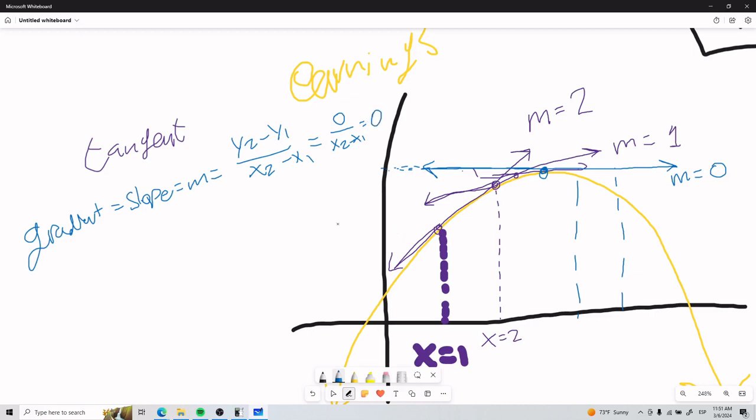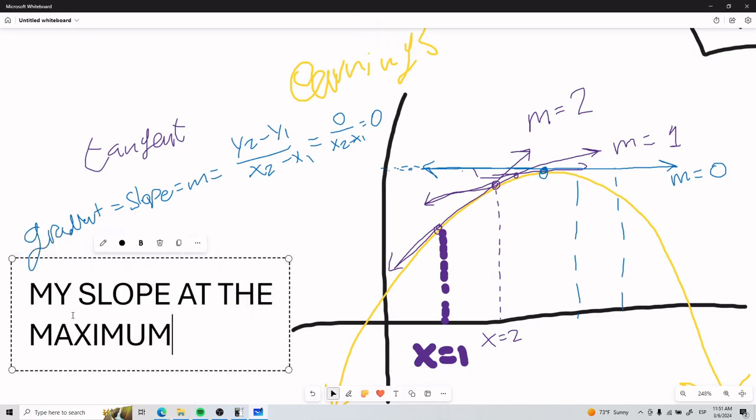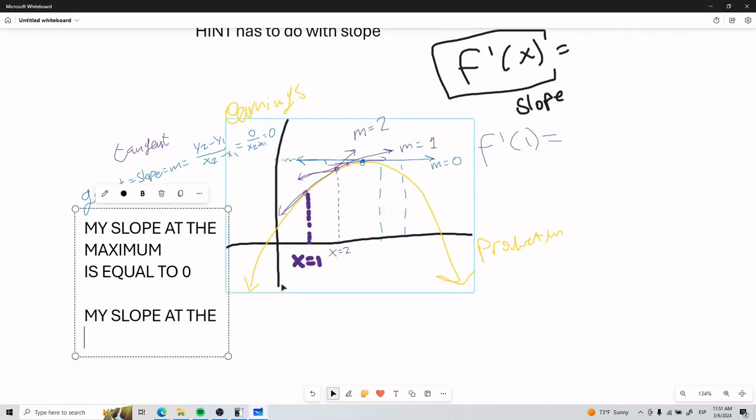So my slope at the maximum, okay, holy shit, someone write that down. My slope at the maximum is equal to 0. And I can do the same thing. My slope at the minimum is equal to 0.